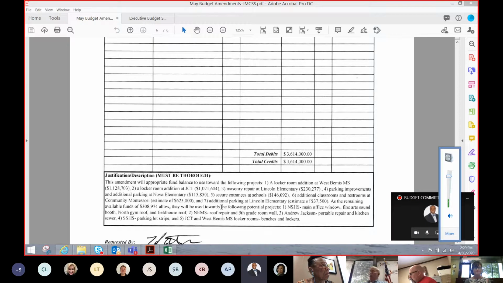Okay, and you think you can get all that done this summer? Yeah, it's in process now by us having an early start. Many projects are underway already, like Northside Roof. I got pictures of it today. I think some of the parking lots have been already started and some other things. And if you take the locker rooms at West Beams and JCT, even if that carries over into the year, I don't think it impacts school because it won't impact students if they're working on it.